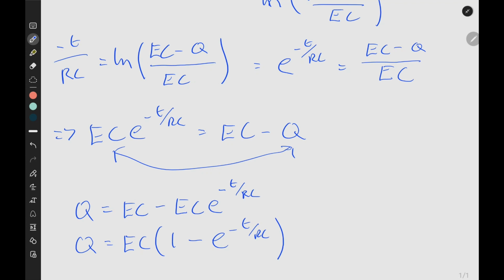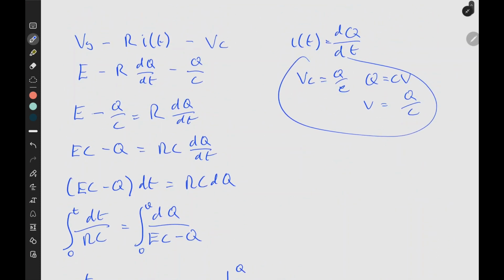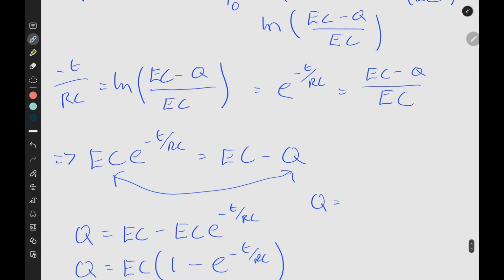And how does this help me? Well, we know that q equals CV.